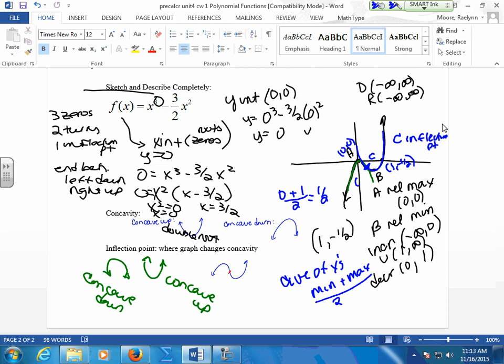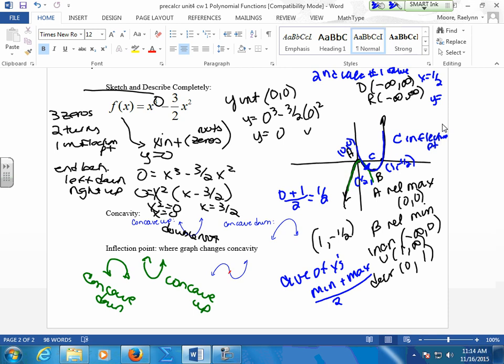So this gives me 1/2 something. Now, sometimes, most of the time, we can take the average of the y's, but not all the time, depending on where we fall. So we're going to go to your calculator, and we're going to let the calculator tell me what the value of y is. We're going to go second calc, number 1, value. And we're going to say, when x is 1/2, tell me what is y.